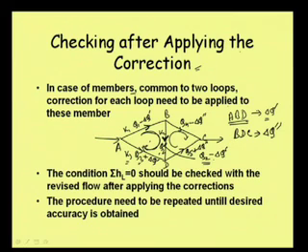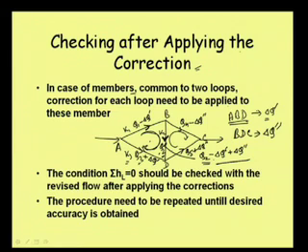So this flow finally will be q2 minus delta q dash plus delta q double dash. Like that we need to apply the correction from both loops to this particular pipe to have the corrected value.